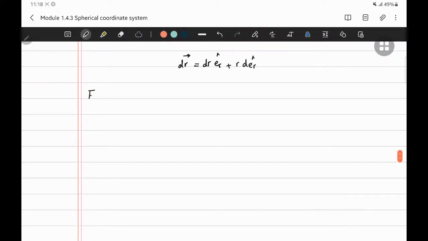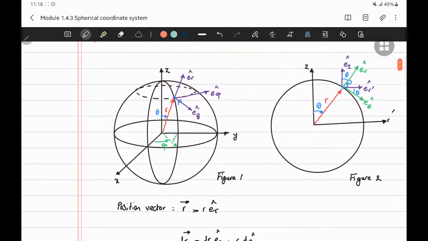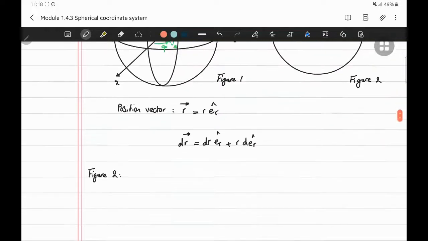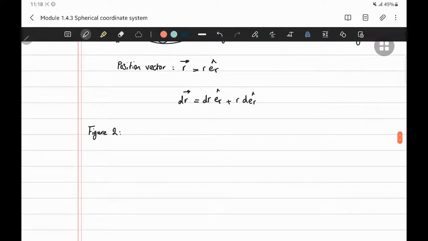So from figure 2, you can see here that if we decompose er prime and ez in e theta and er direction, we get something like er prime cosine theta plus er prime sine theta.